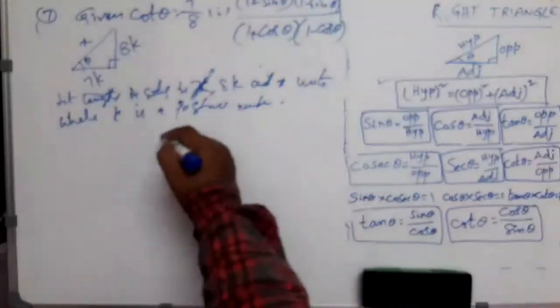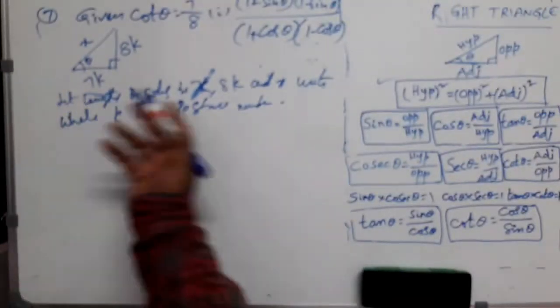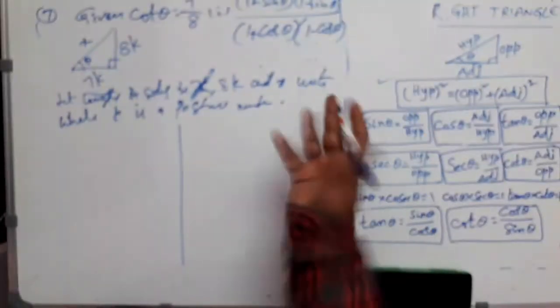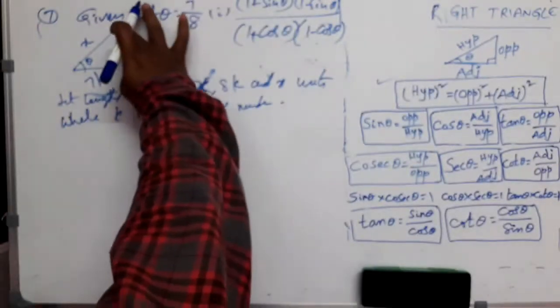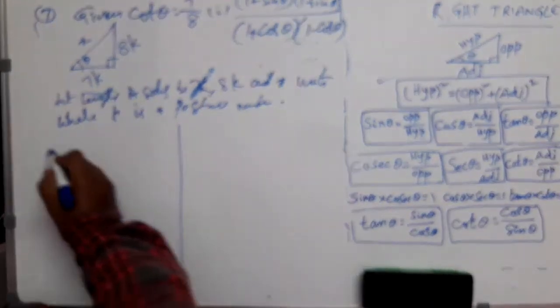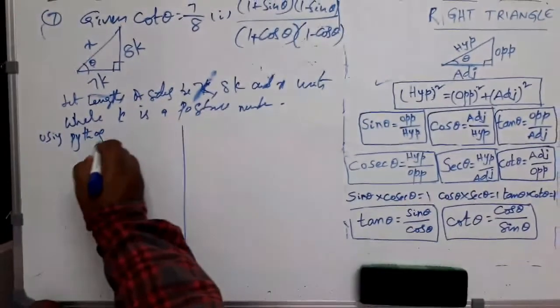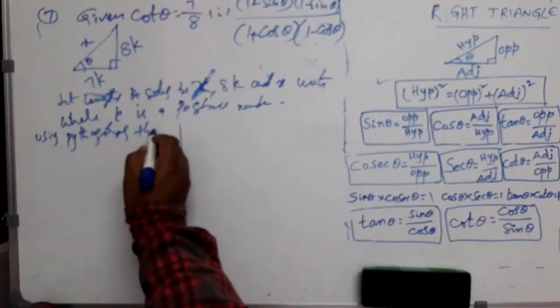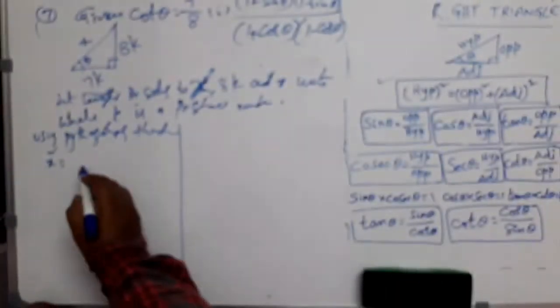As usual we are writing, right? Of course, you first want to find the value of x in terms of k. As usual, we are using Pythagoras theorem, because you know the value of two sides. You are now going to find the other side using Pythagoras theorem. Yes, x square, hypotenuse square, is 7k whole square plus 8k whole square, right?